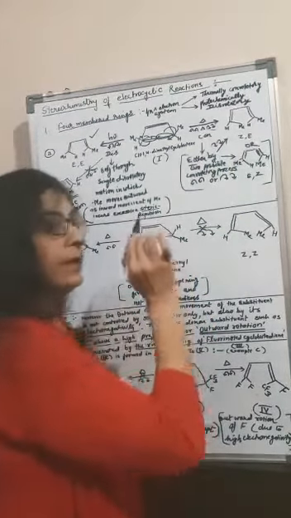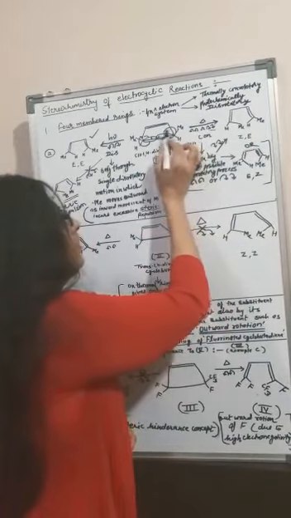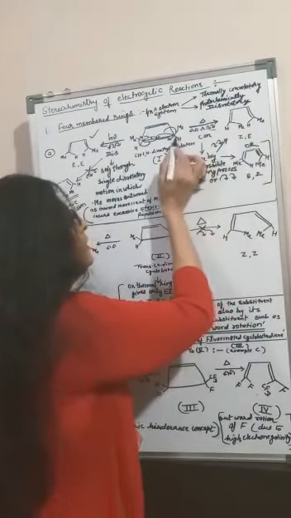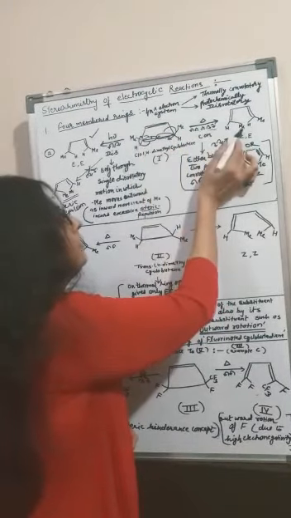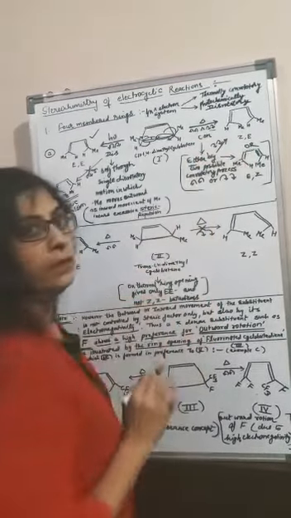So this product is formed clockwise: this Me will move outward, this H will move inward, and here Me will move inward and H will move outward.